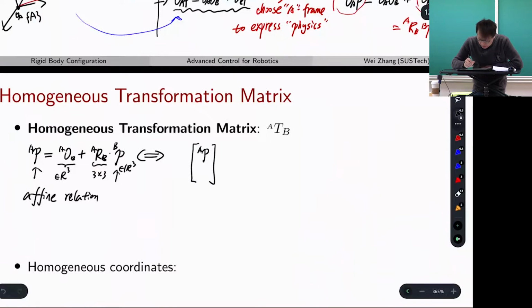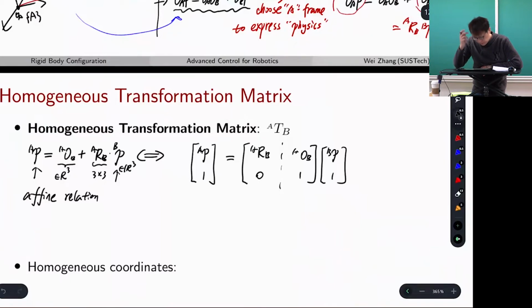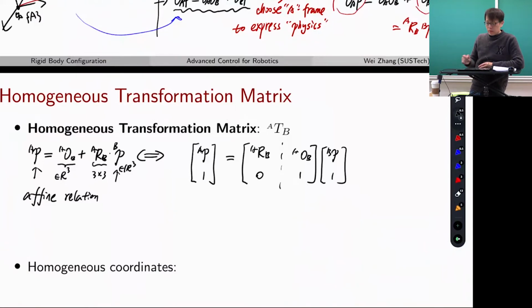Let's define P_A1 equal to R_BA, O_BA, times P_B1. Here is 0, here is 1. The second row doesn't have much information, 1 equals 1.